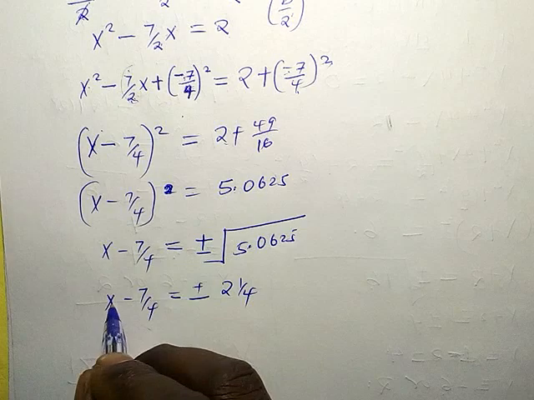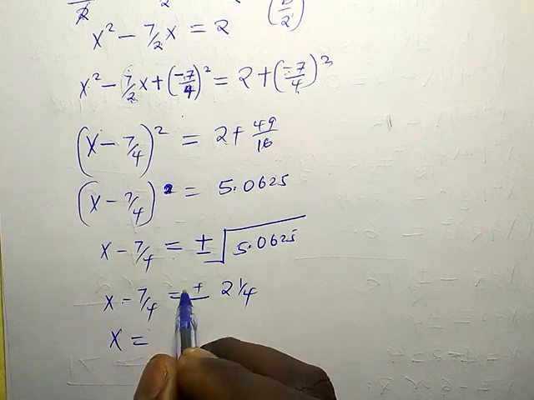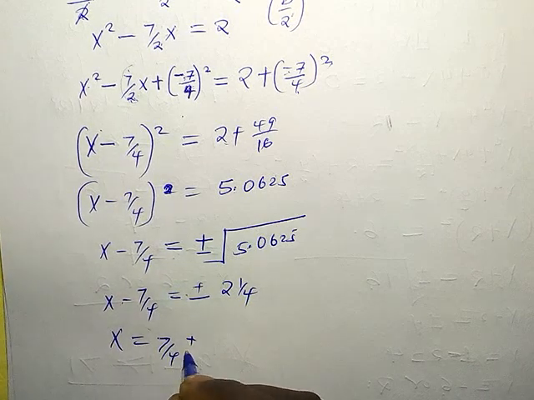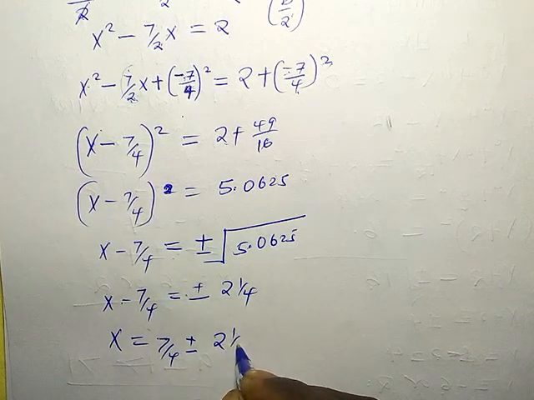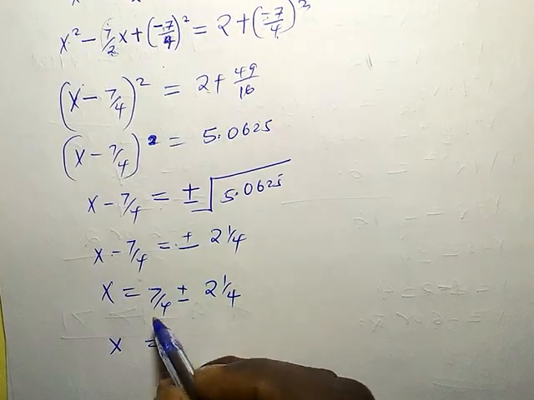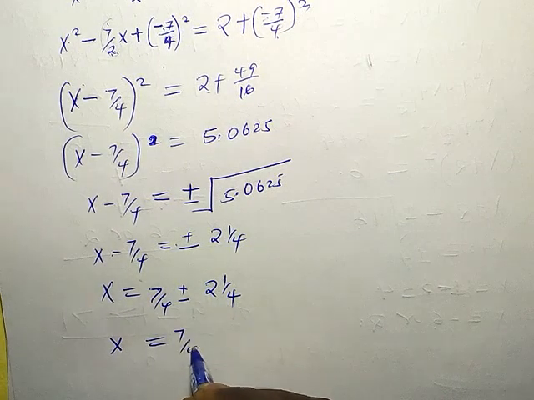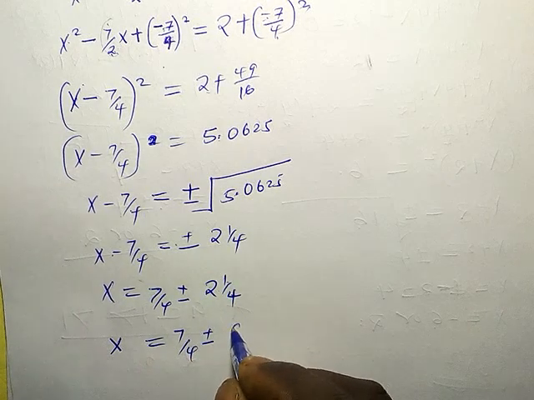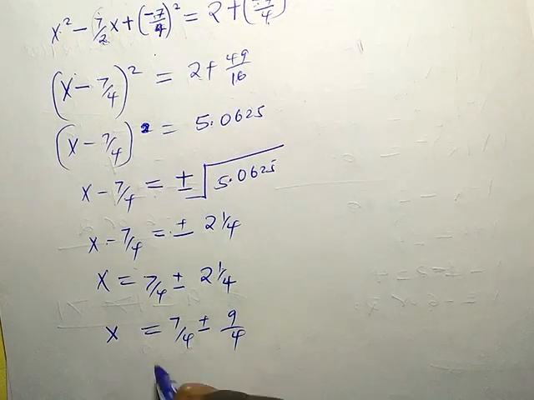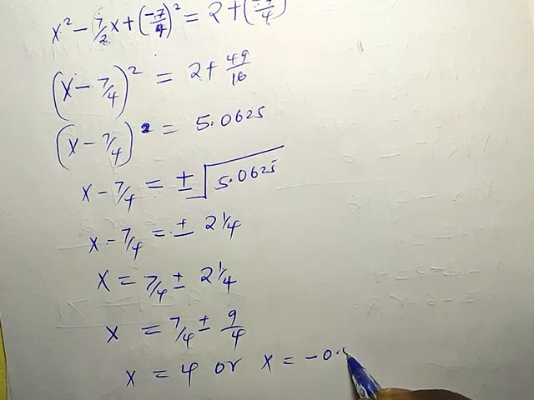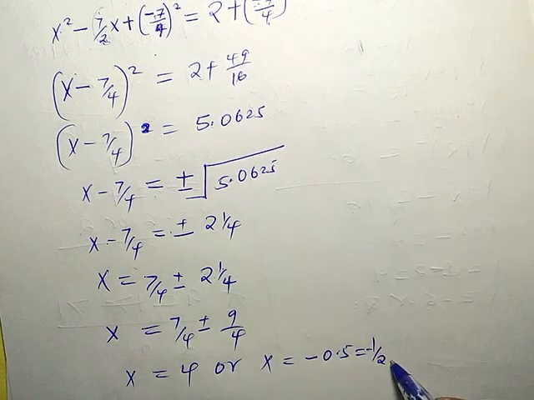So now we get x equal to, this one will go to the positive side, it will be positive 7 over 4 plus or minus 2 1/4. Now the value of x, this is the same as 7 over 4 plus or minus 9 over 4. It means that x equal to 4 or x equal to negative 0.5, which is equal to negative half.